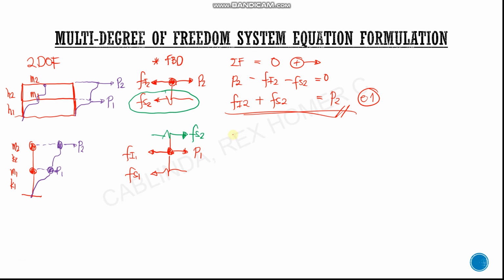And if we sum forces, we'll have P1 plus Fs2 minus Fi1 minus Fs1 is equal to 0. And again, we just rearrange this. We'll have the inertia force of the first floor plus the static restoring force of the first floor minus the static restoring force in the second floor is equal to P1.